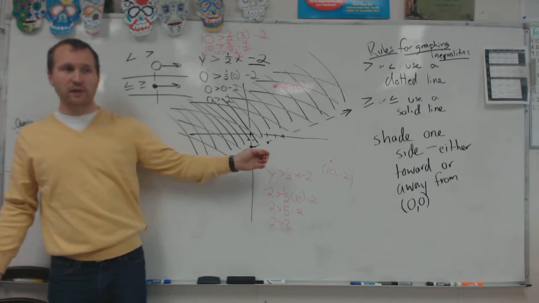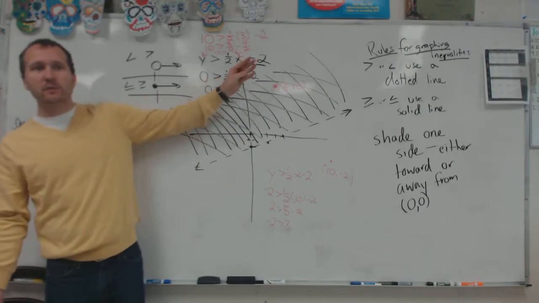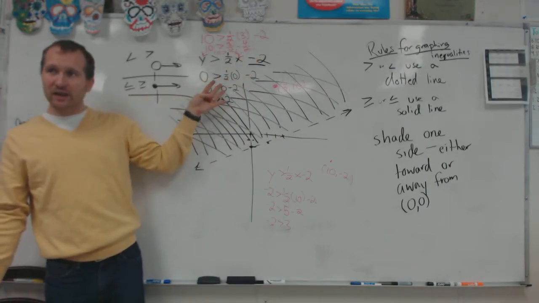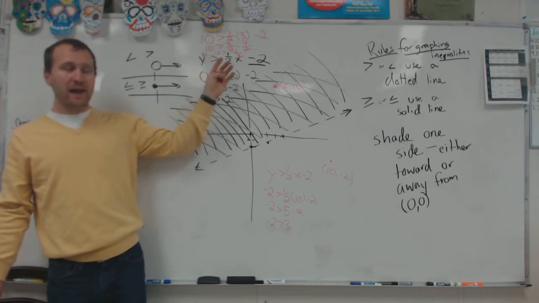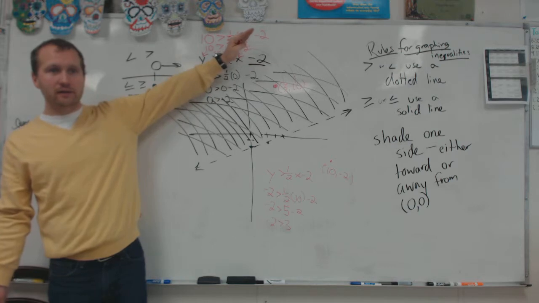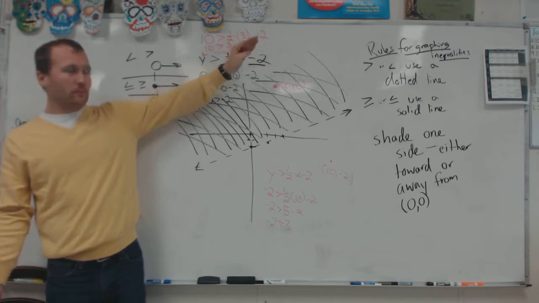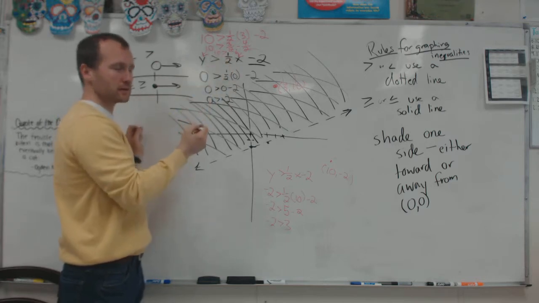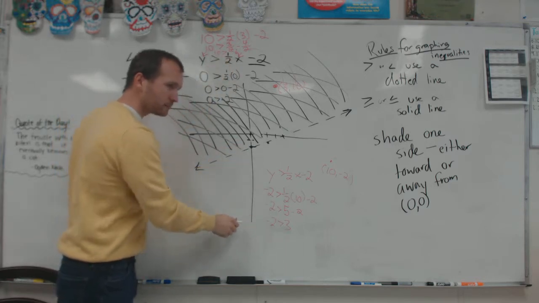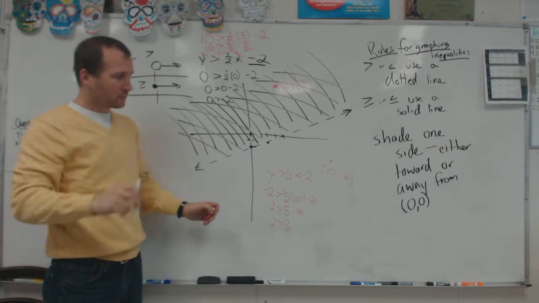Okay? So that's why we shade up here. It's because every point that I've shaded makes this inequality true. I could pick a point way up here, and it would be true. But everything over here is not true.